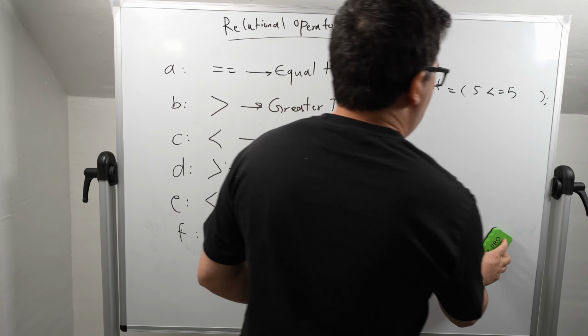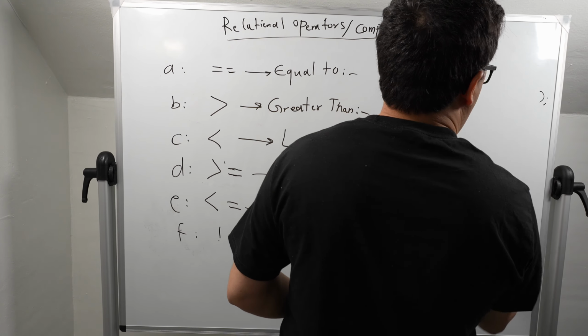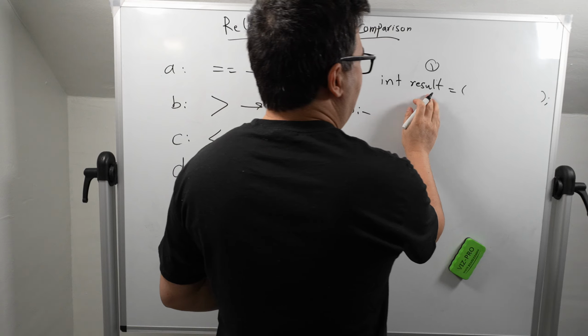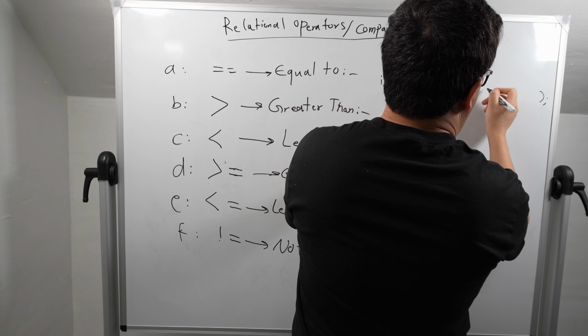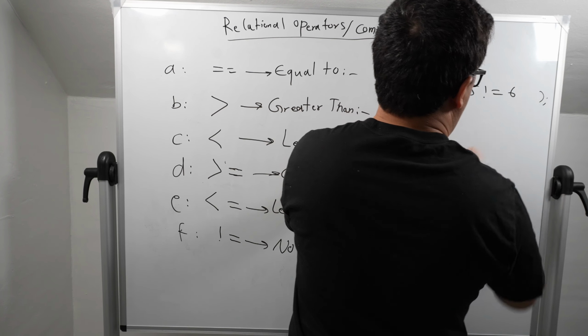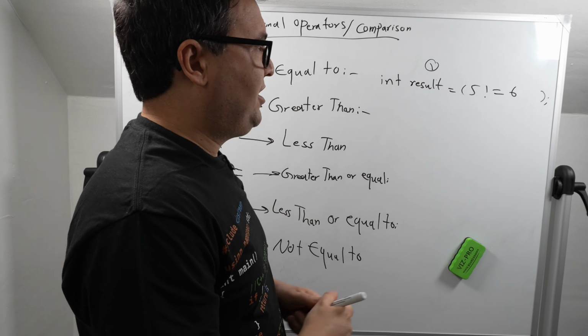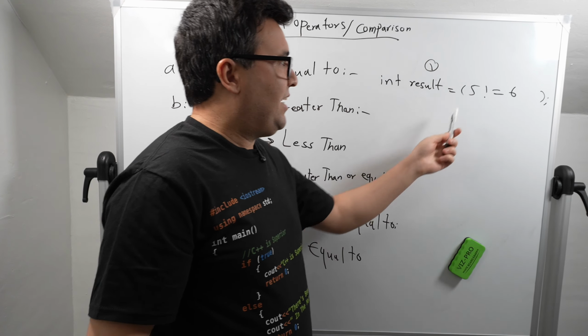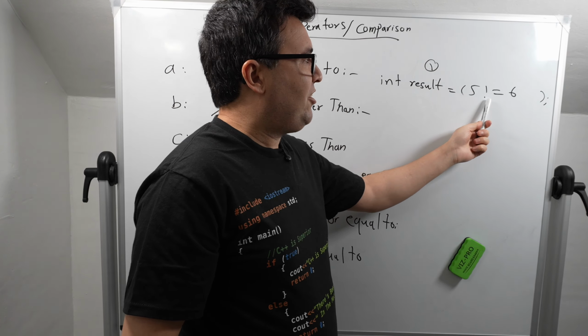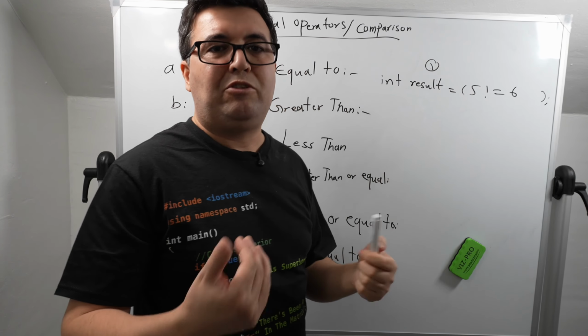Like in our example, we see here integer result. I can say here 5 is not equal to 6. So in this case, you see the first value is 5 and the second value is 6. So it compares and it says if 5 is not equal to 6, return true.